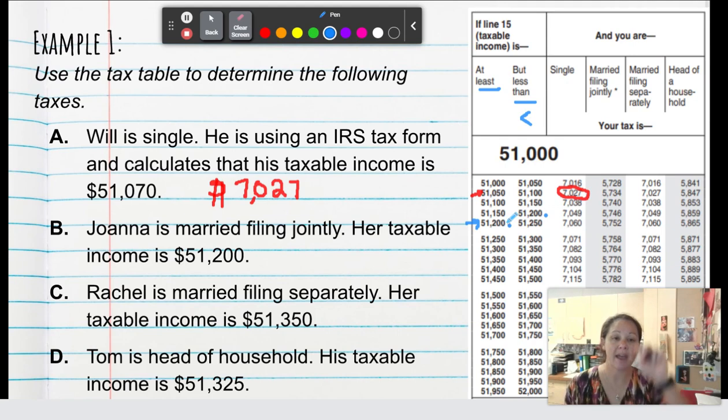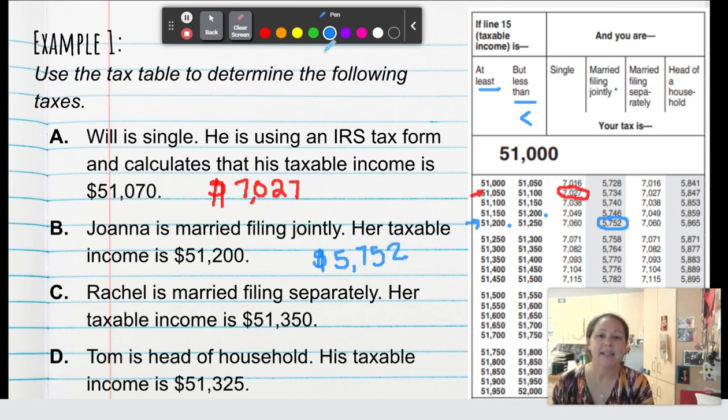That's why we have to go down to the next row. She falls in this last row of the set, the 51,200, where it is at least. Then we roll over to her filing status, married filing jointly. So her tax liability is $5,752.